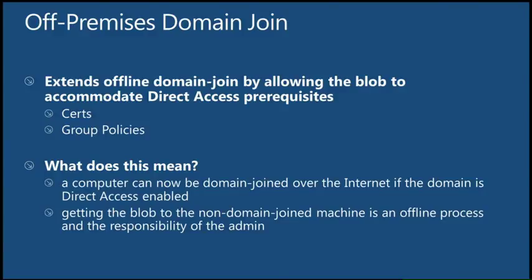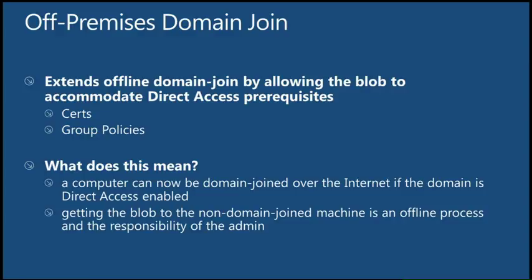So we used DirectAccess as a key mechanism where now the admin can create a blob. Let's assume there's some website that can provide you that blob. All you have to do is apply that blob and run a simple command on Windows 8 machines that will give you all the necessary group policies, certificates, and domain join information.